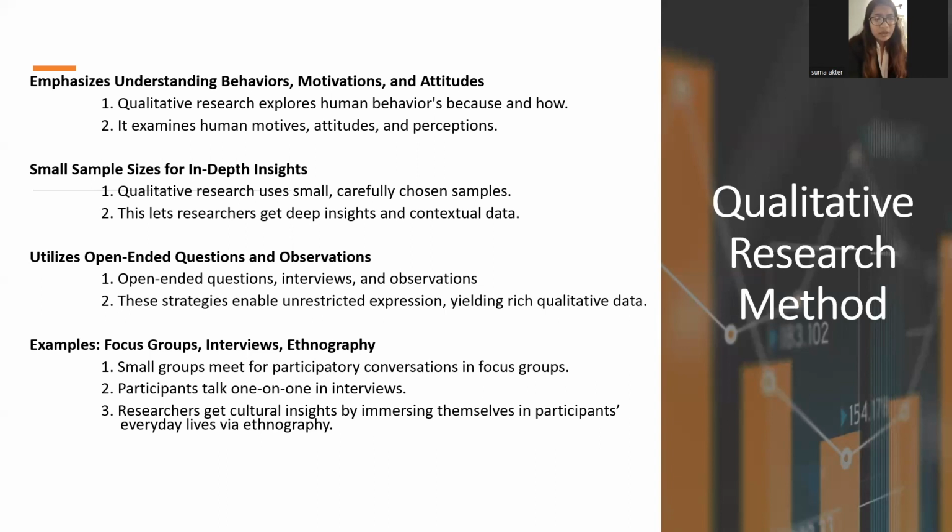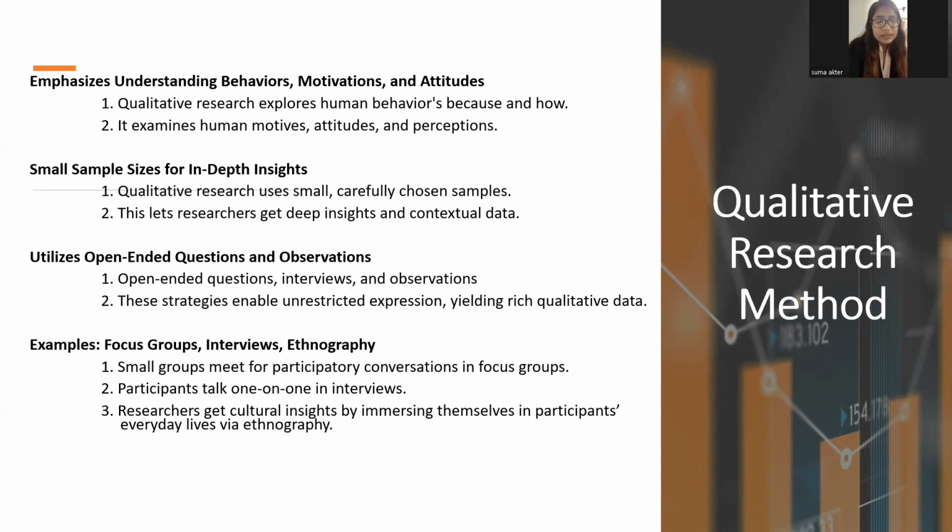On the other hand, qualitative research emphasizes understanding behaviors, motivations, and attitudes. Qualitative research explores human behaviors and how and why. Number two, it examines human motives, attitudes, and perceptions. It uses small sample sizes for in-depth insights.